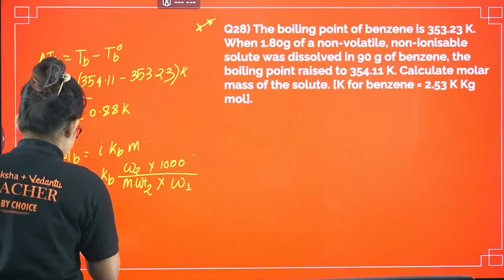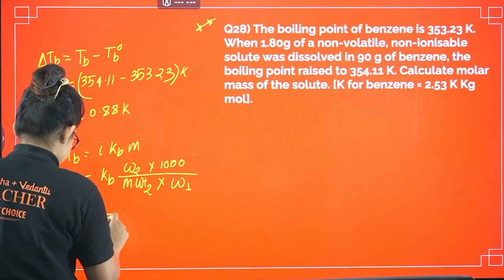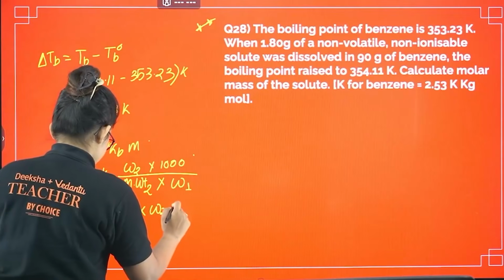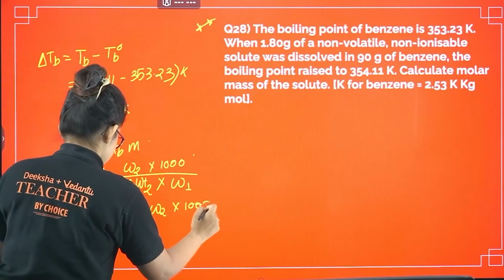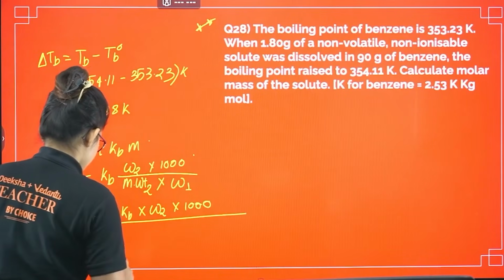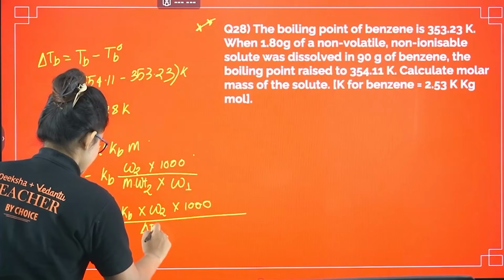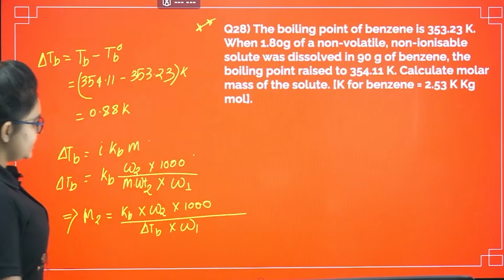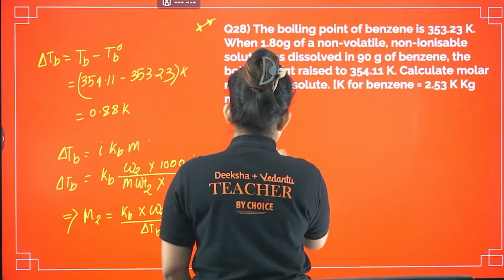So from there your M2 will come up to be KB into W2 into 1000 divided by delta TB into W1.